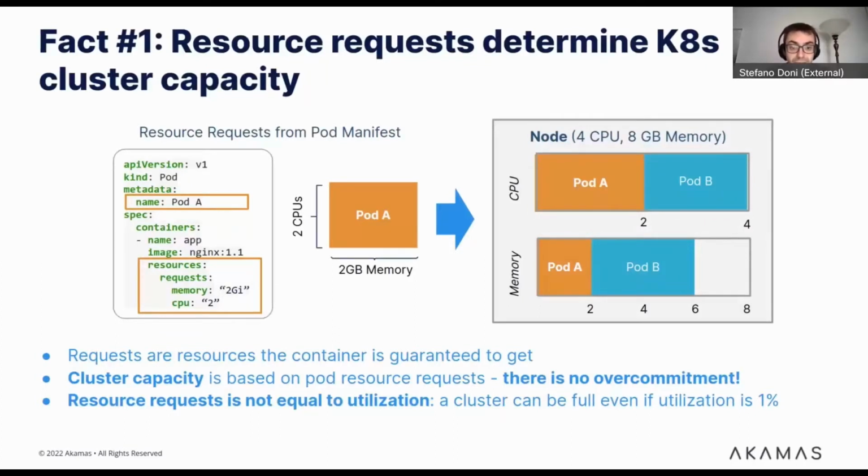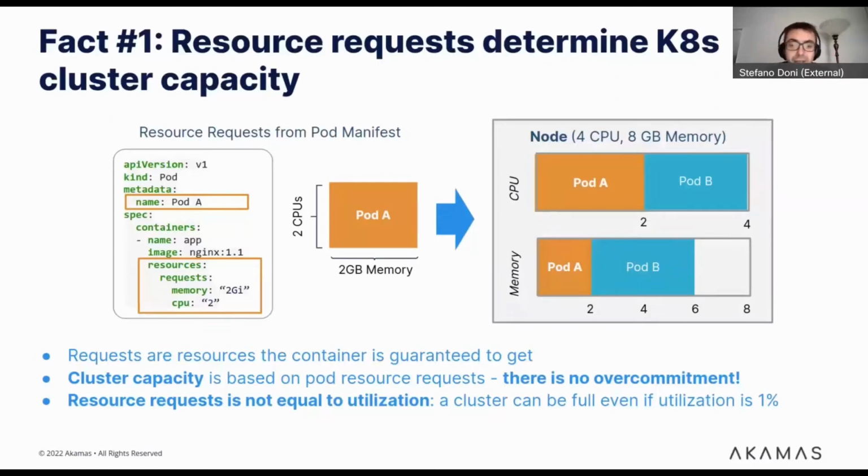As you can see in this example, this is an Nginx container within a given pod, which is the unit of scheduling within Kubernetes. For this Nginx container, which is our application in this example, we are requesting 2 CPUs and 2 GB of memory.